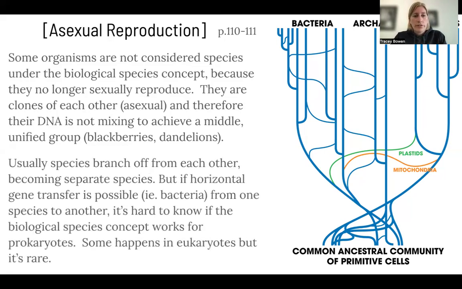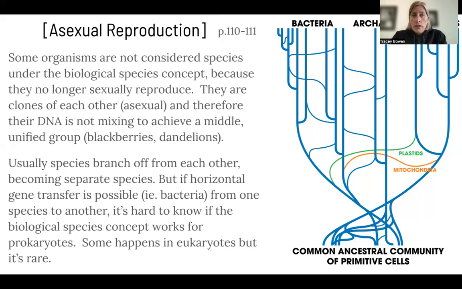Usually species branch off from each other, becoming separate species. We can see this here as a cladogram showing common ancestry, and then all the branches occurring as variation is happening. But if horizontal gene transfer is possible, such as with bacteria from one species to another, it's hard to know if the biological species concept works for prokaryotes because a lot of the genetic material is being swapped around.